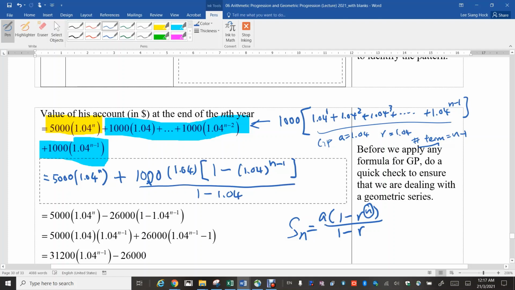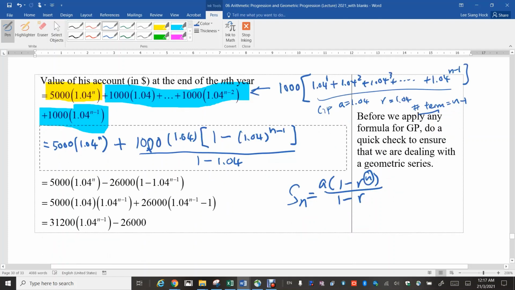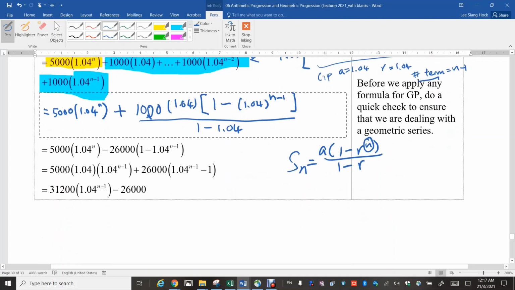Once we have that, we can just simplify. This part no change. This part we can simplify: it is negative 0.04, and when you divide, you get negative 26,000 multiplied by 1 minus 1.04 to the power of n minus 1. Of course, we can flip this around and make this positive.